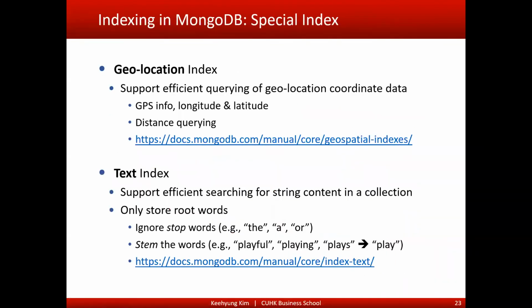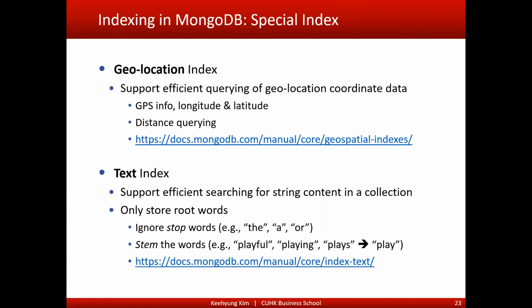Okay, so that was the main concept. There are also other, more special types of index in MongoDB. One is a geolocation index. If you have GPS information, or longitude and latitude information, in your data, then you are able to use this geolocation index. It supports efficient querying of geolocation coordinate data. In the future, if you are utilizing location data, a geolocation index might be a good index to consider creating.